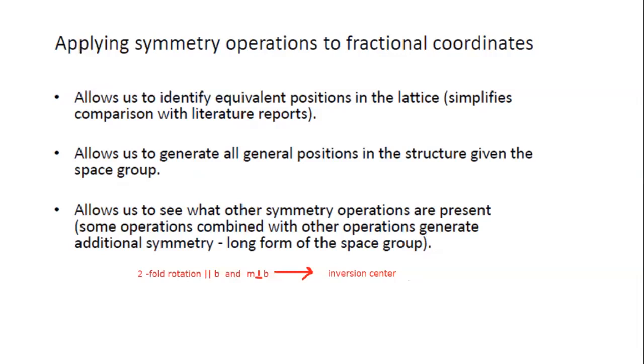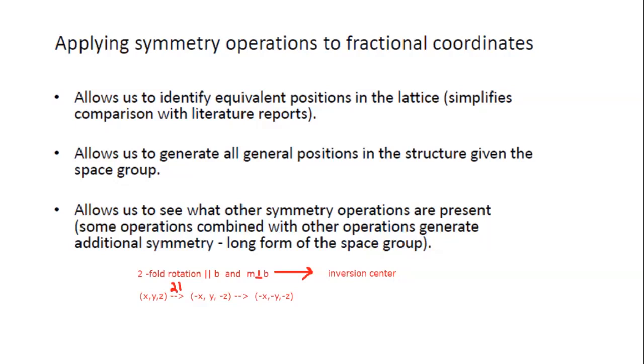So for example, if we start here with coordinates x, y, and z, we perform our twofold rotation along B. That means that we get negative x, y, negative z. Then we perform a mirror plane perpendicular to B. That means that the B axis becomes negative, so that becomes negative x, negative y, negative z.